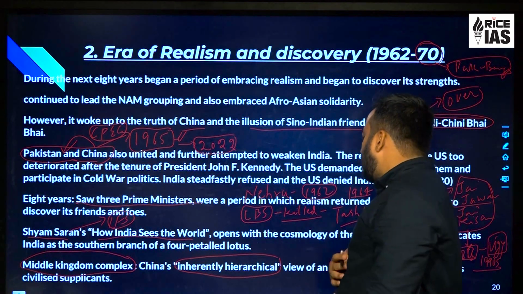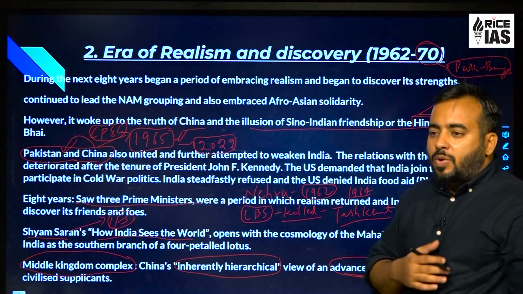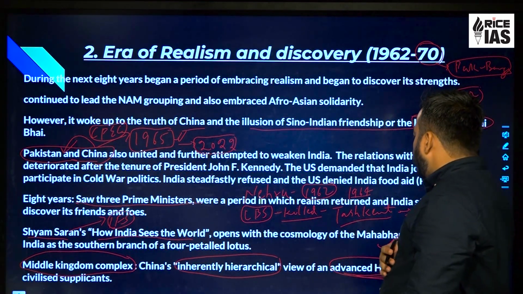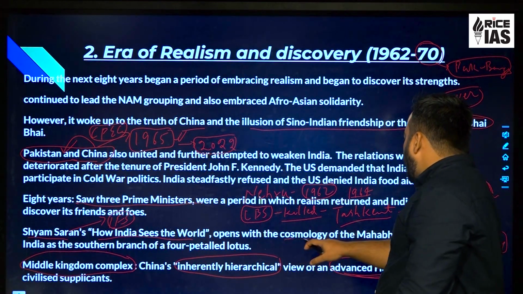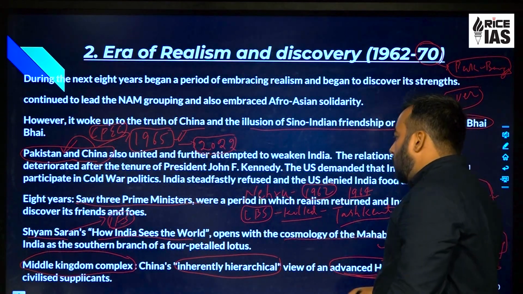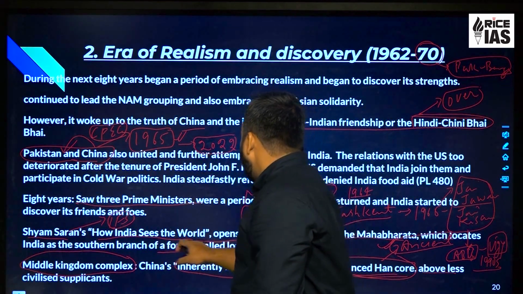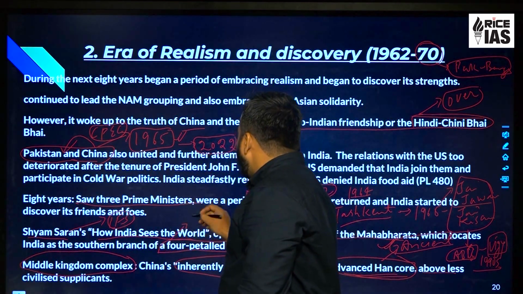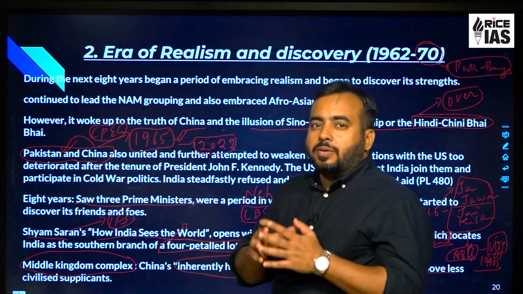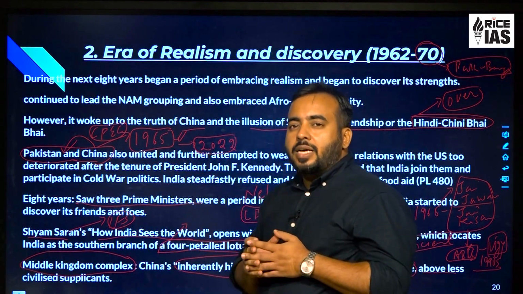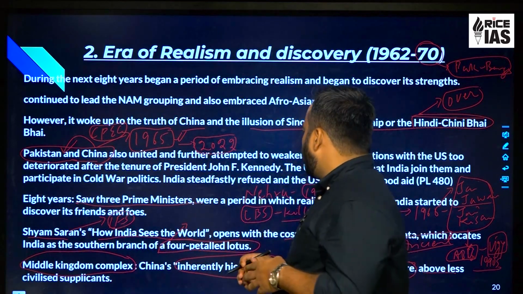But how does India see itself, or how does India see the world? He gives an example of the cosmology of the Mahabharata, which locates India as the southern branch of a 4-petaled lotus. That is, India is part of the larger structure. India is not the whole, India is not the soul.